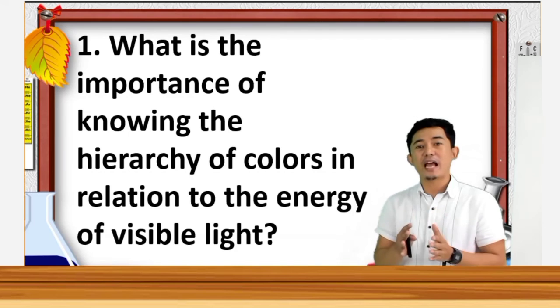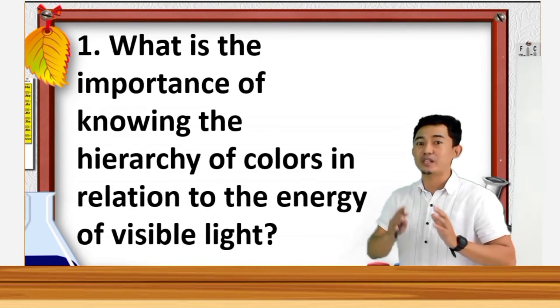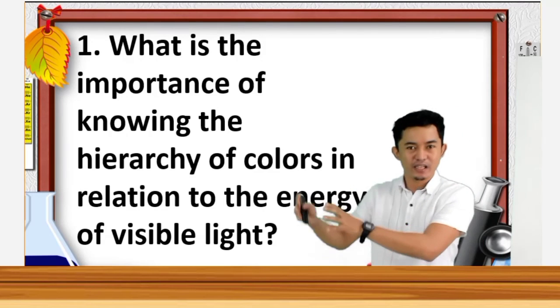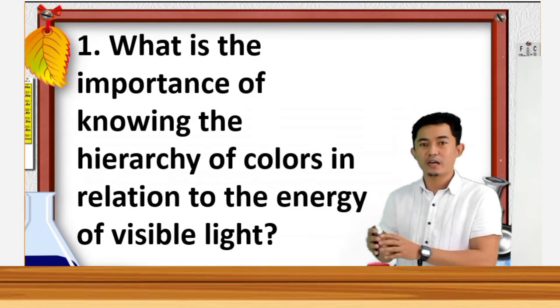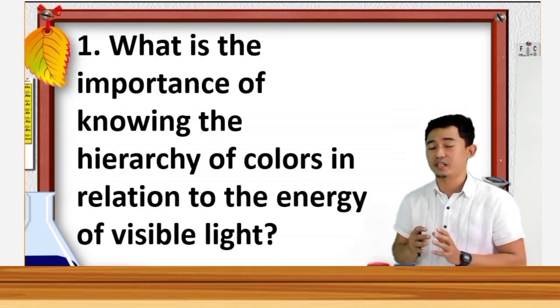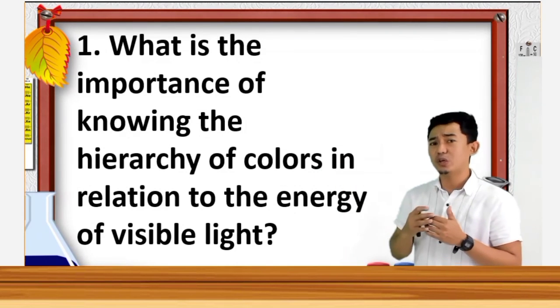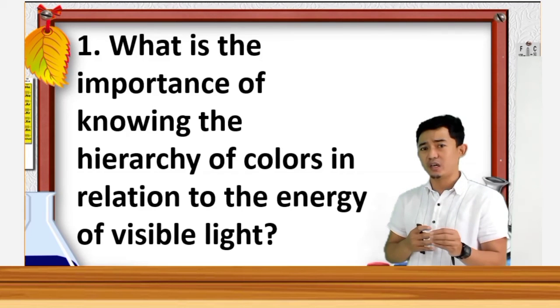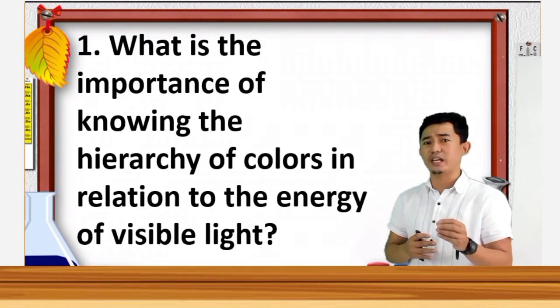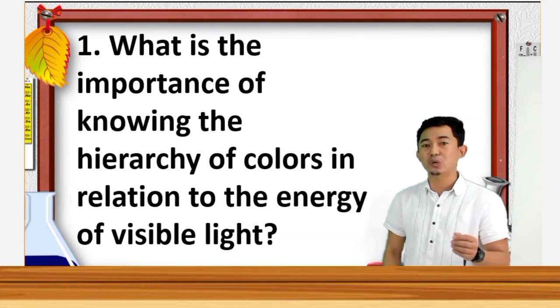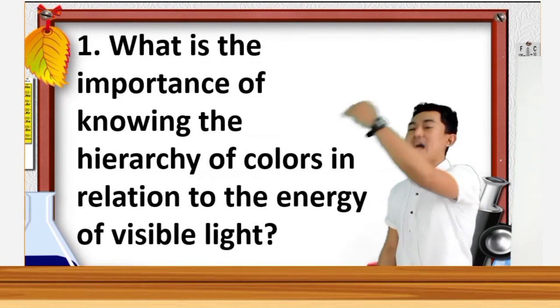We can have the wavelength and the frequency of this. And if we compare it to the highest, which is the violet color, the red one is slower. So we need to know the hierarchy of colors, class, in order for us to know what wavelength or what frequency this color exhibits. We need to know that from lowest to highest.